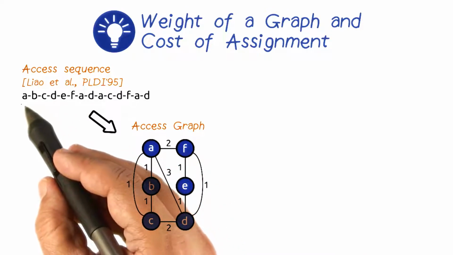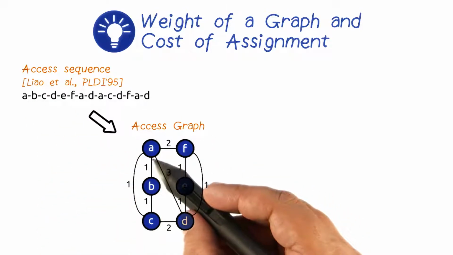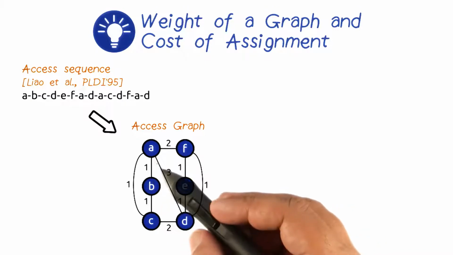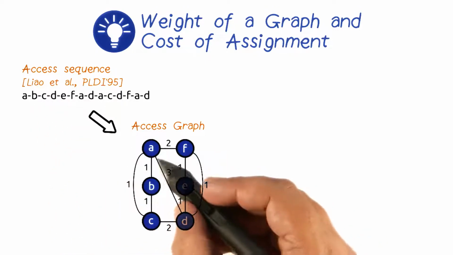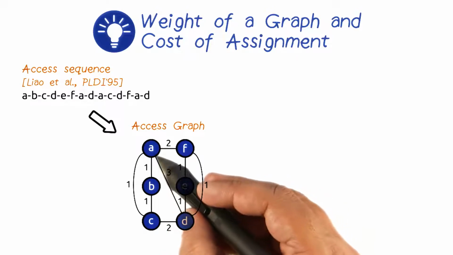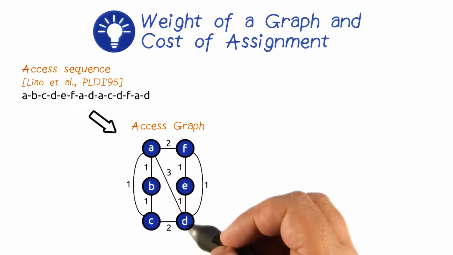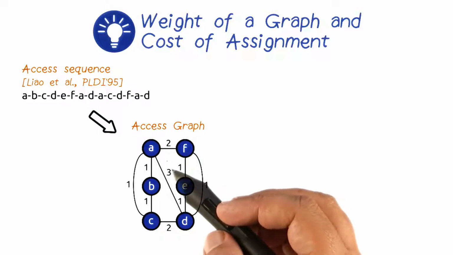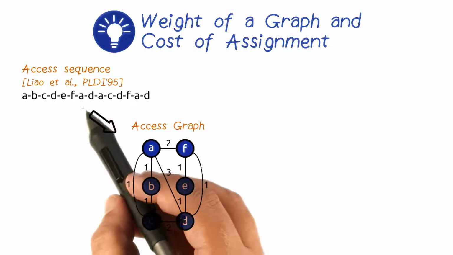So let's say we go from A to B here, that's why there is an edge here, and there is one transition from A to B, so the frequency is 1. Similarly, let's pick some other transition. We have A to D. Let us see how many transitions there are.